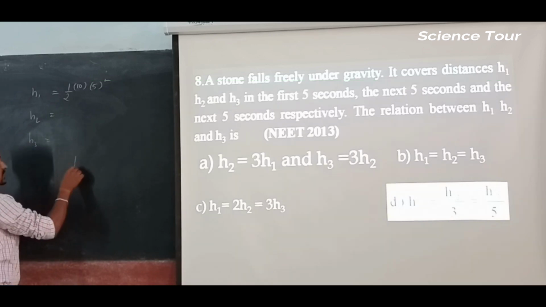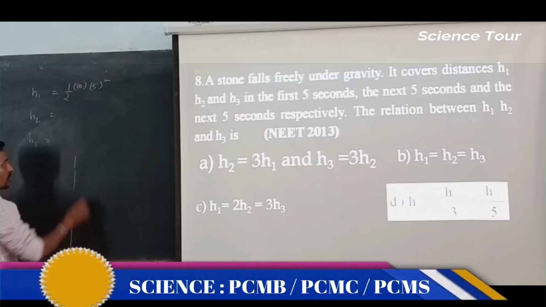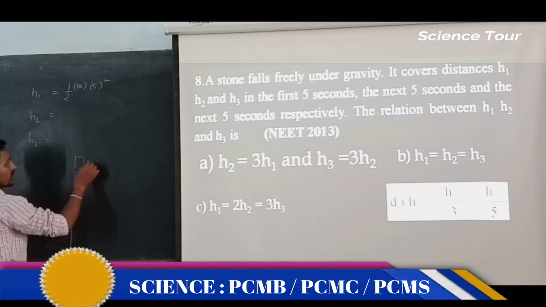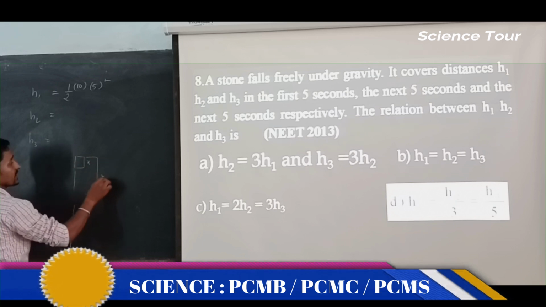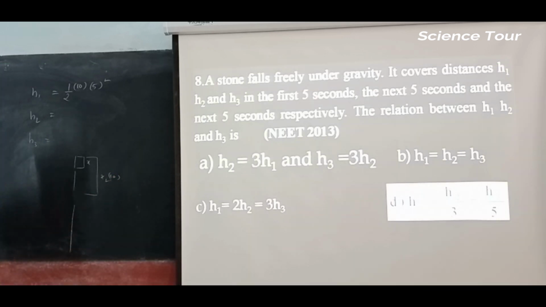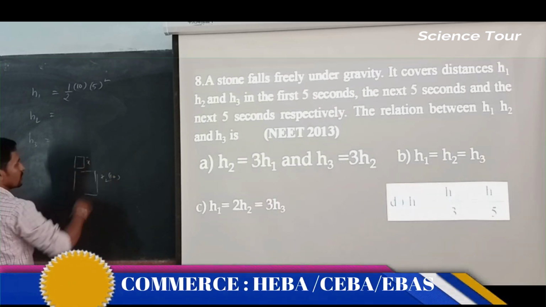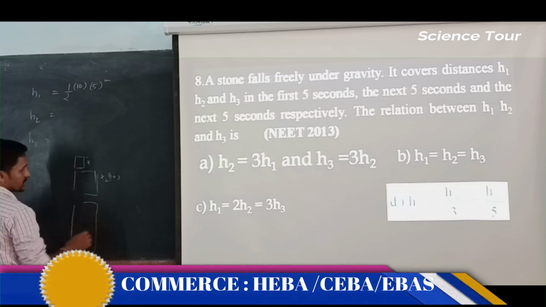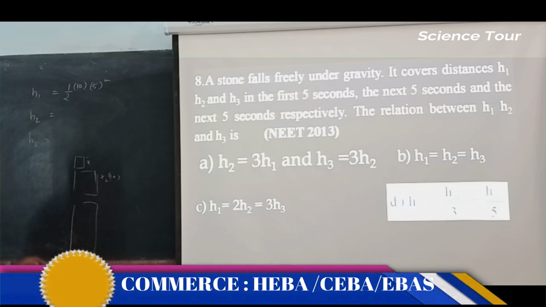So we have 5 seconds, 5 seconds, 5 seconds. The first one is h1. Next 5 plus 5, that is 10 seconds, is h1 plus h2. The next one, h1 plus h2 plus h3, is in 15 seconds.